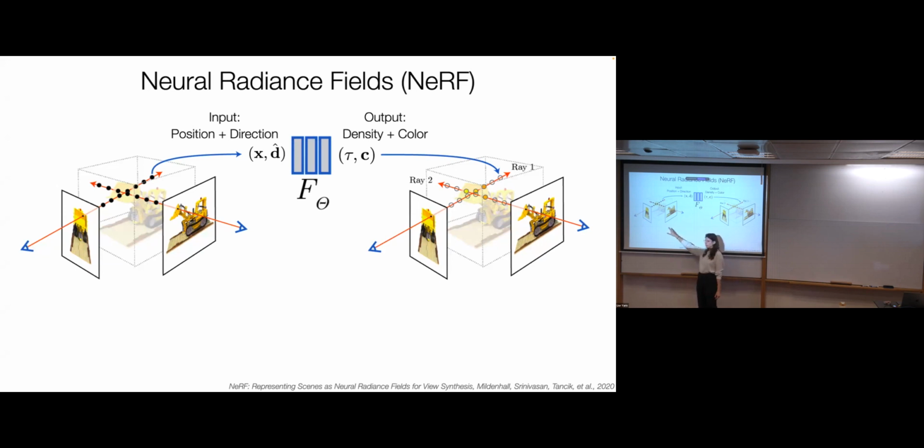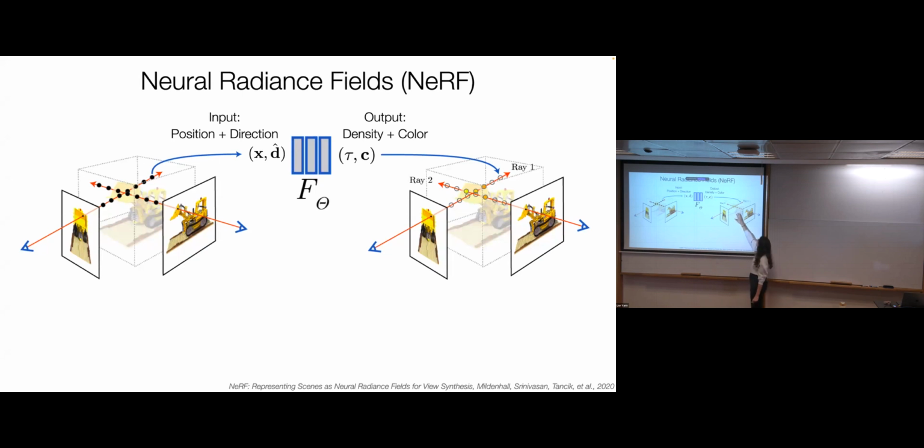You don't input this image. You use this image and the camera parameters just to shoot the ray. You sample points in 3D along the ray, and the input to the network is these points, just three coordinates, X, Y, Z. You query these points and get density, which gives you how much geometry is lying at that point. Conditioned on the view direction, you also get the color.